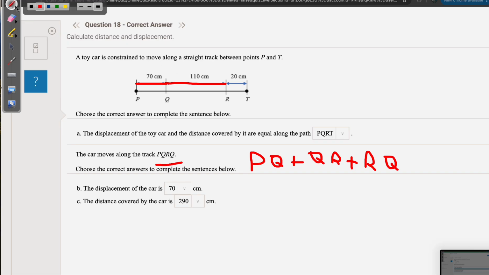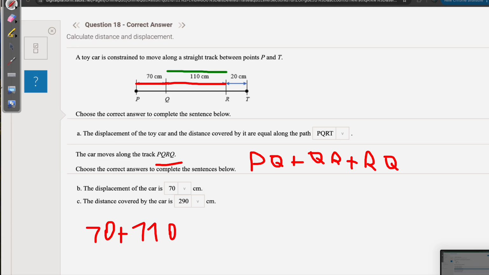Let me just change the color. So it's going to be 70 plus 110 plus another 110, which will give us 290.